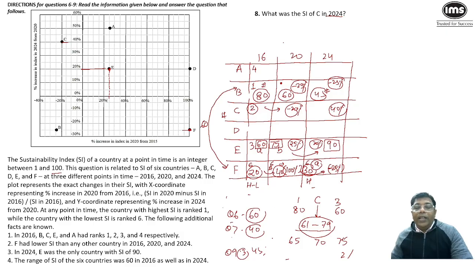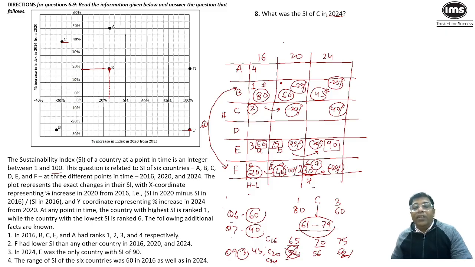Now, let me take this as C's SI index in 2016. In that case, C's SI index in 2020 has to be lowered by 20%. So if you reduce 65 by 20%, you are left with 52, 56 and 60. Now further in 2024, you have to increase this by 40%. Now if I increase 52 by 40%, it will be a decimal value. So this case is gone.